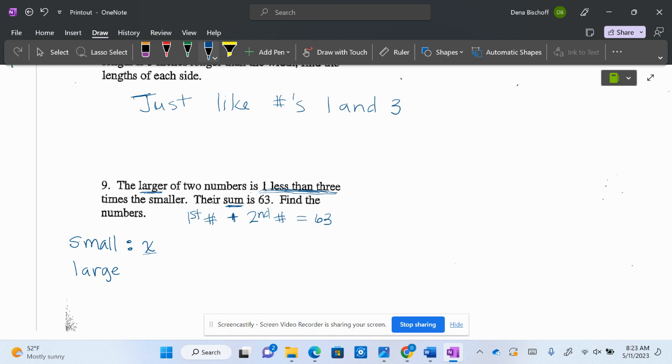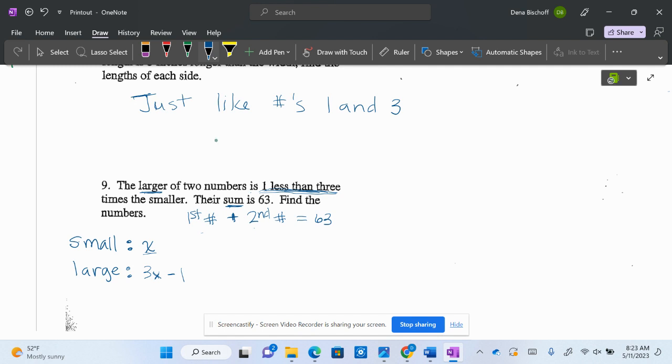How do I show 3 times the small number? 3x. And if it's 1 less than that, I do what? Minus 1. Yep. So we said we're going to add those two numbers, right?